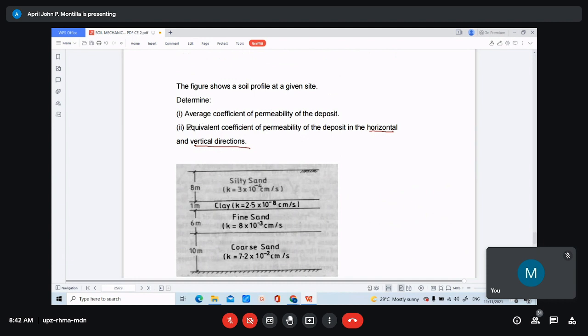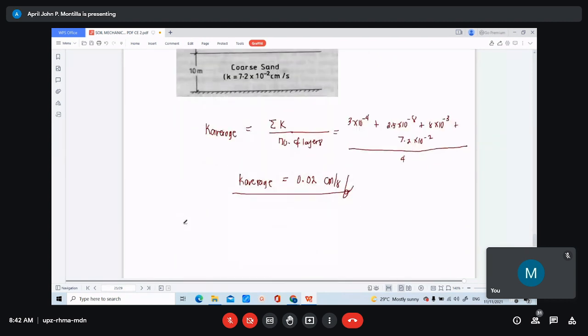This is now our topic, the equivalent hydraulic conductivity in horizontal and vertical. You already know the formula. Horizontal first, KHEQ.